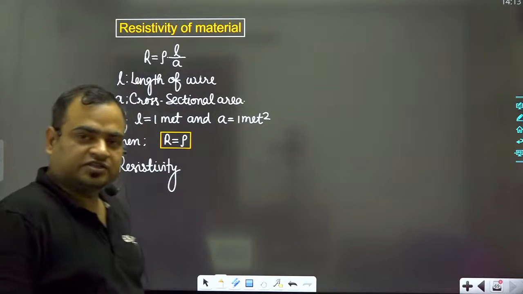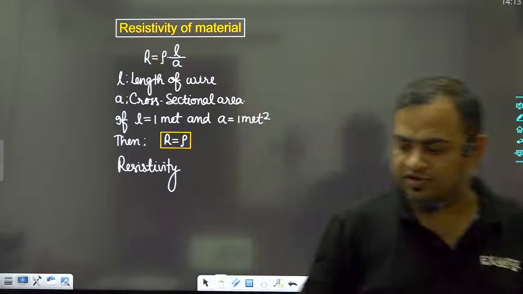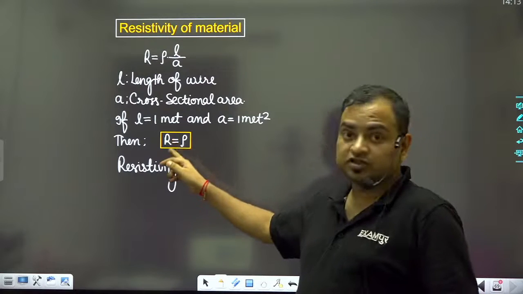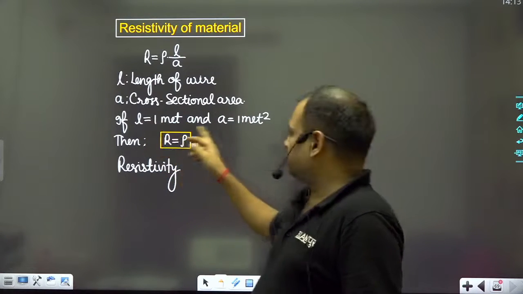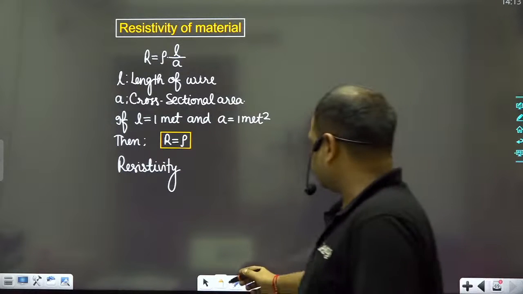So guys, here we can see that the resistivity of a material is equal to the resistance of a wire having length 1 meter and cross-sectional area 1 meter square.